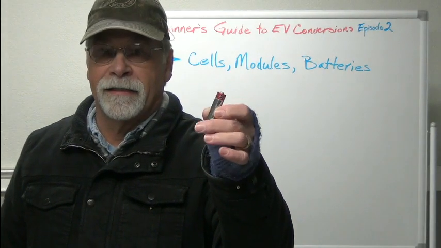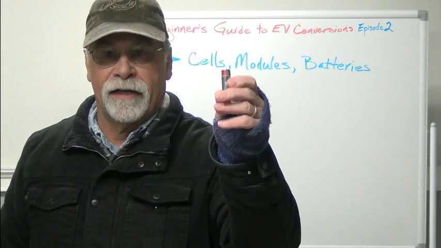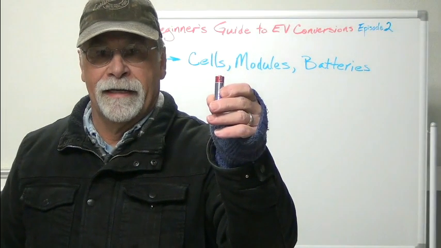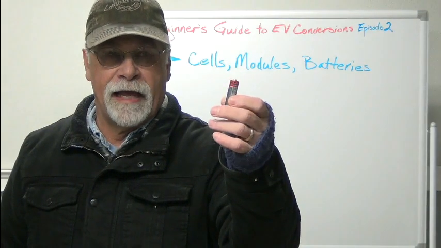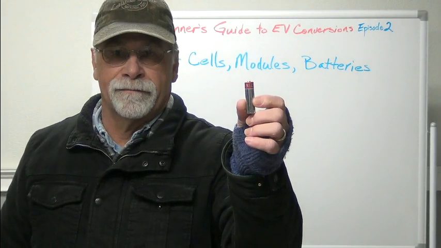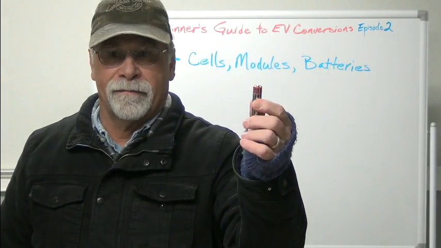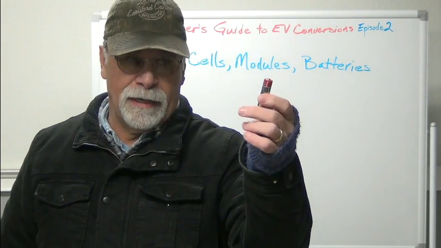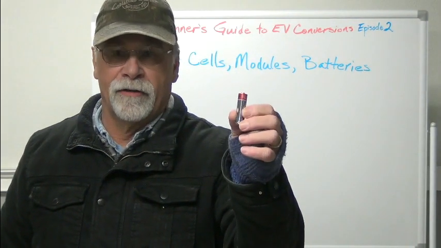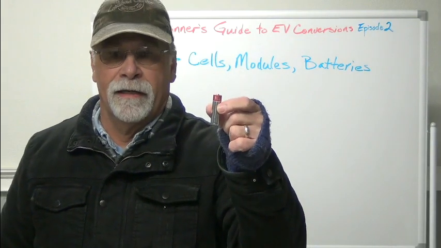It's a cell. It's a single cell. The AA is just the form factor, and nowadays you can get this same form factor in a lithium chemistry. You can get them all sorts of things. But anyway, AA is form factor, but it's a single cell. That's the point I'm trying to make.